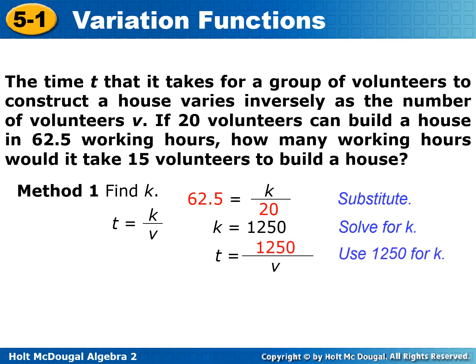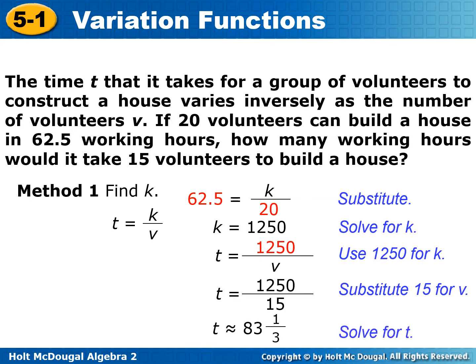And from here, we are going to have the equation t equals 1,250 over v. Then, we are going to substitute for the value of v, which is equal to 15. So 1,250 divided by 15 is approximately equal to 83 and 1/3.